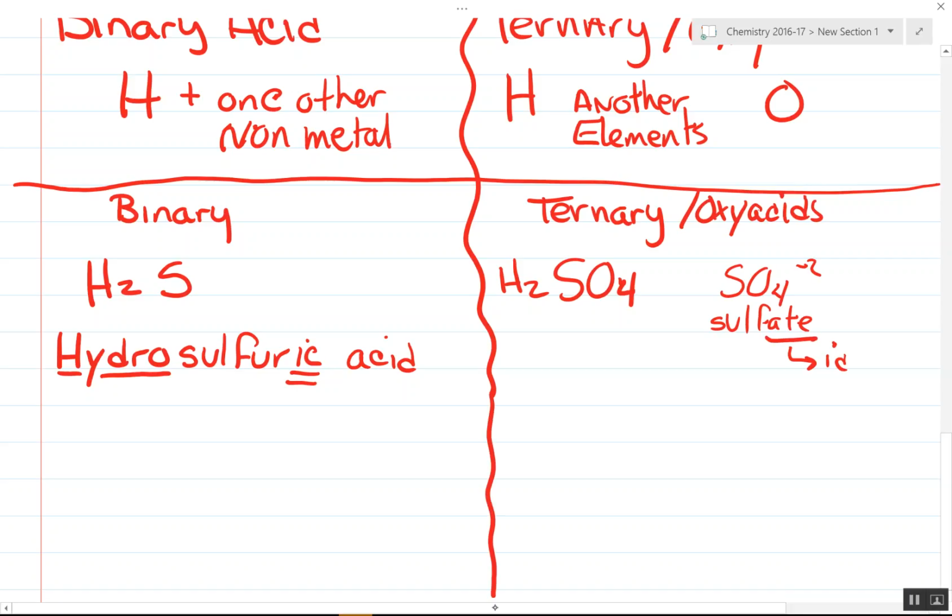And this confused some people in third hour. You do not start ternary acids or oxyacids with the word hydro. This is just plain old sulfuric acid. Note the difference. We have hydrosulfuric here, which is a binary. We have a sulfuric acid, which is a tertiary or ternary acid, or an oxyacid. They sound similar, but they're totally different. Yep, Marcus?